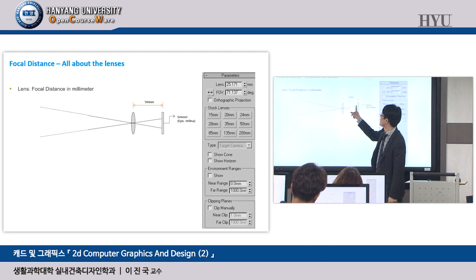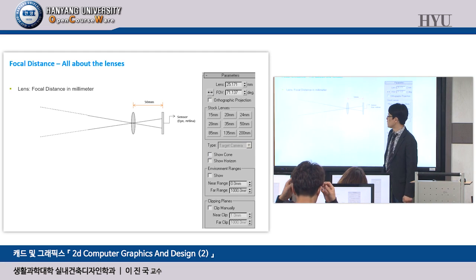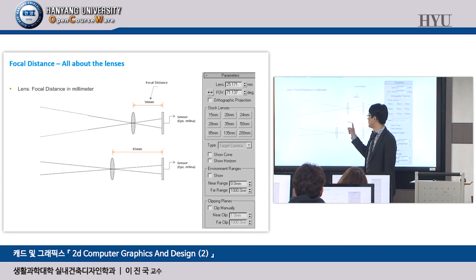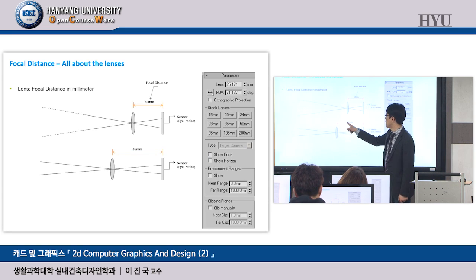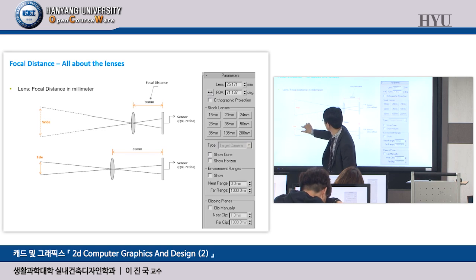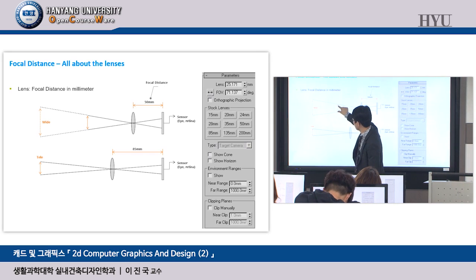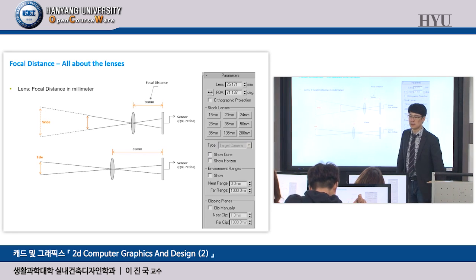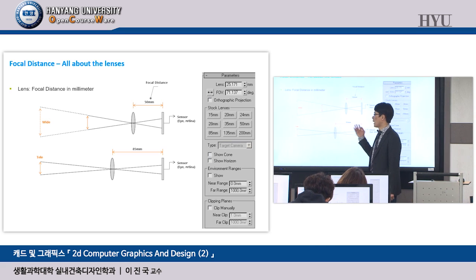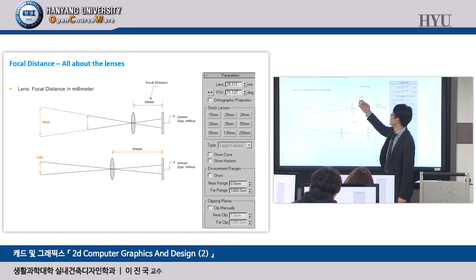So let's take a look. 50 millimeter focal distance compared to 85 millimeter distance. In this case, take a look at the size of the object. This object and this object are exactly the same size through this sensor, through this retina, through the eye. But this one has 85 and this one has 50 focal distance.